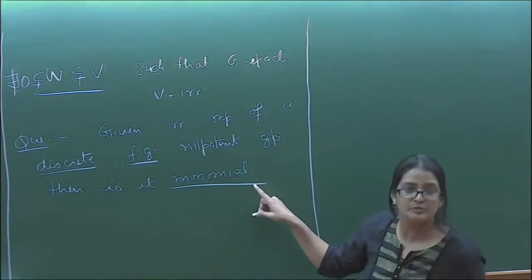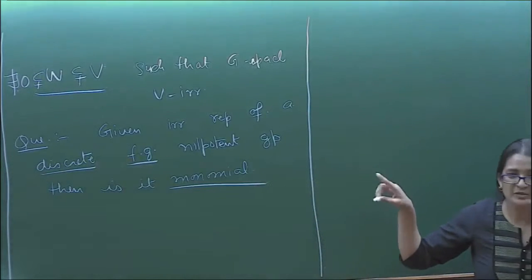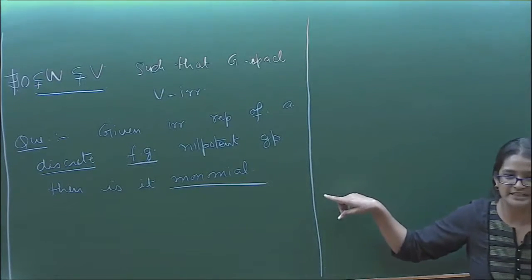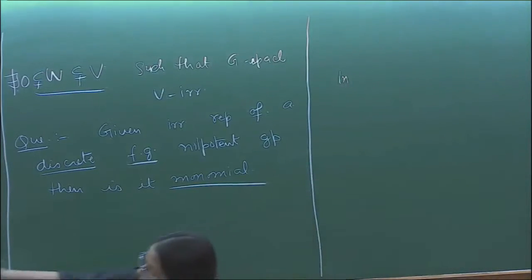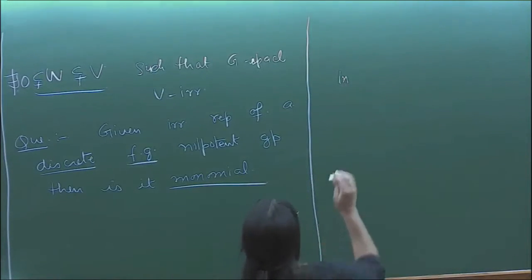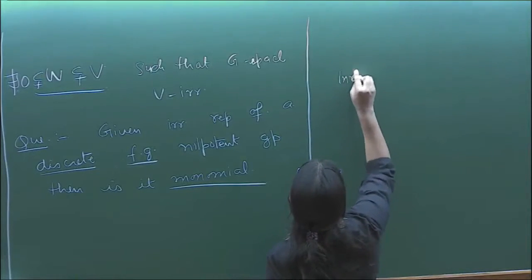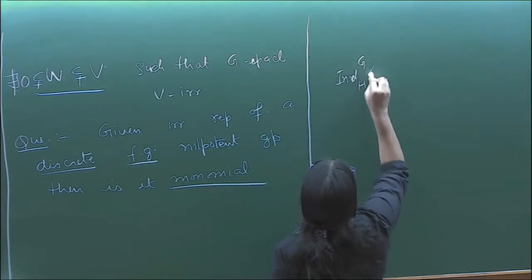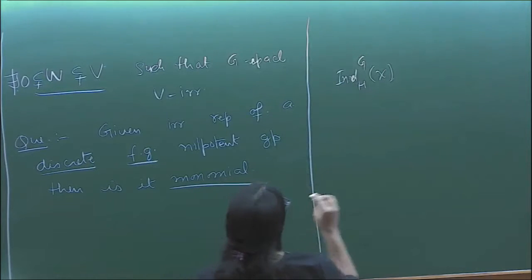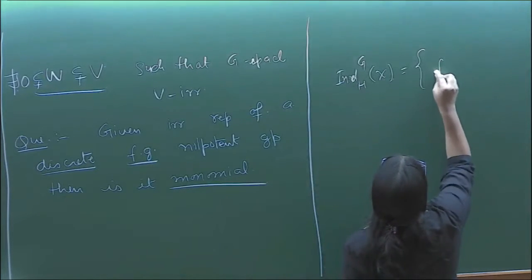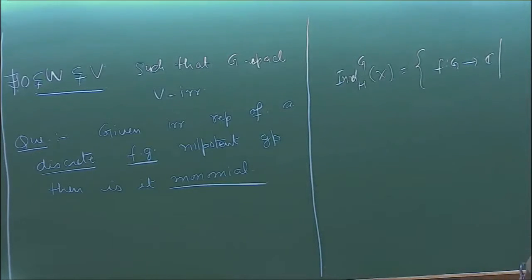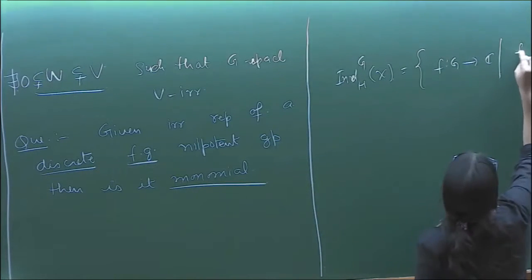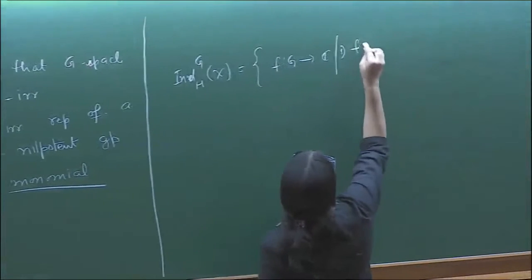If I'm talking about monomial, I need to talk about induced representation for the infinite case. So let me define this, a generalization of what I defined earlier. I'm looking at the set of functions from G to C such that two conditions are satisfied.